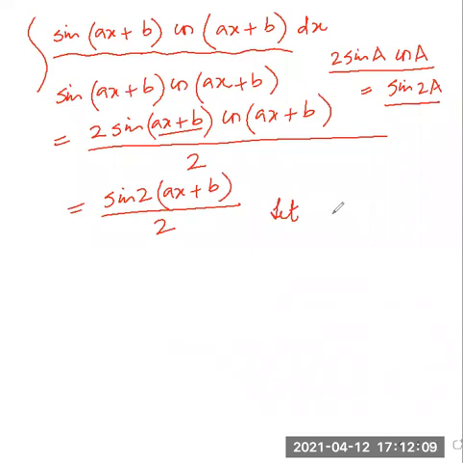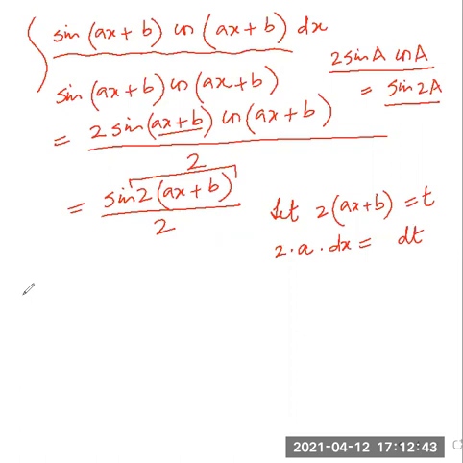Now we will let 2 into ax plus b be equal to t. Please differentiate this. So this becomes 2 into a, into the differentiation of b which is 0, into dx, is equal to dt. So we will be able to do something.